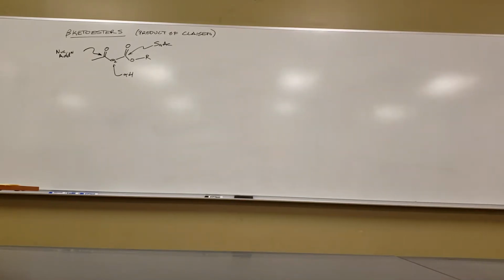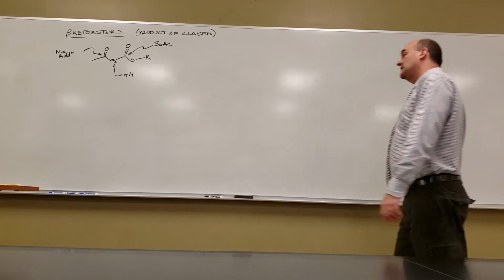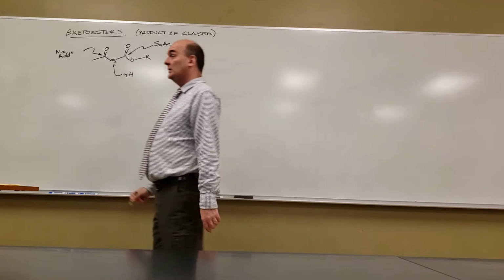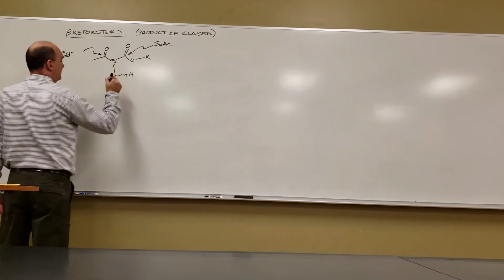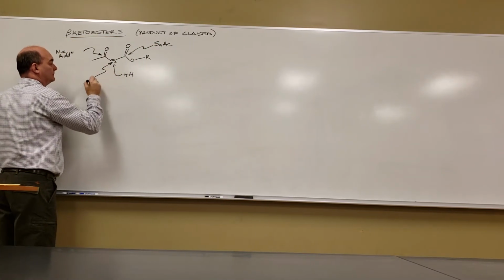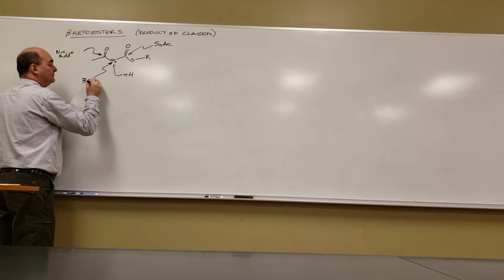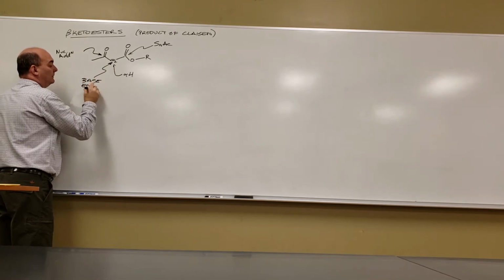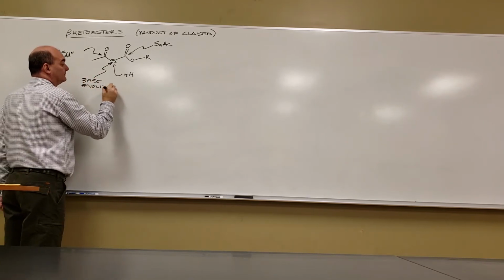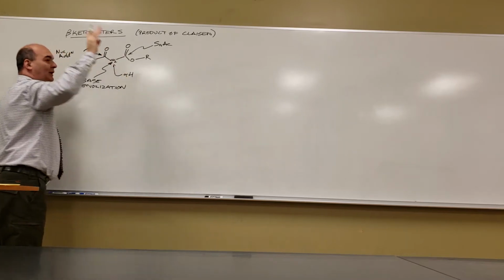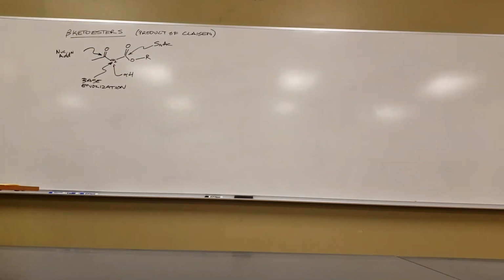Esters react with nucleophiles by substitution. Beta-keto esters can also react with base to do any of our enolization reactions. Okay, so we've got a bunch of stuff open to us.